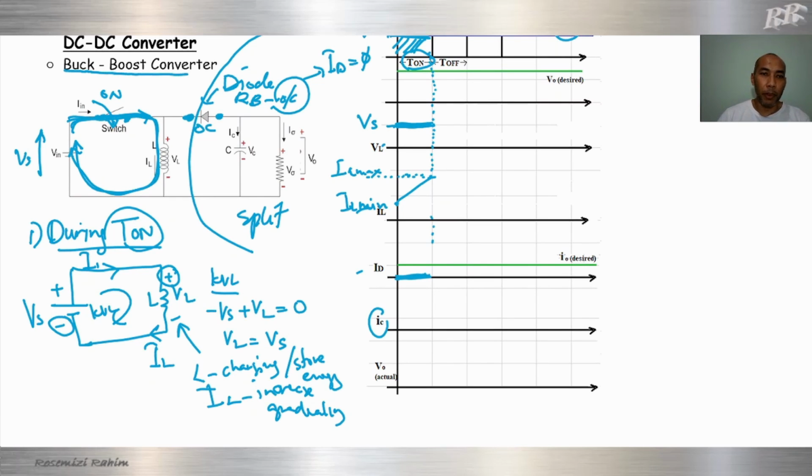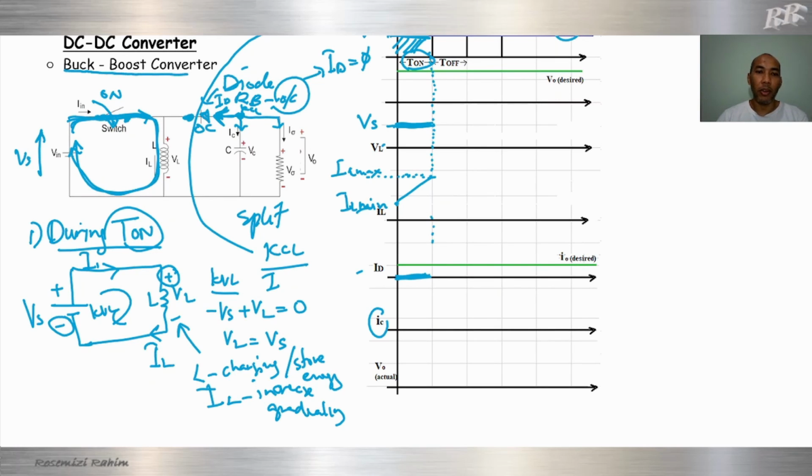From this point, we do KCL. ID is in this direction, going to the left, due to the arrow of the diode.